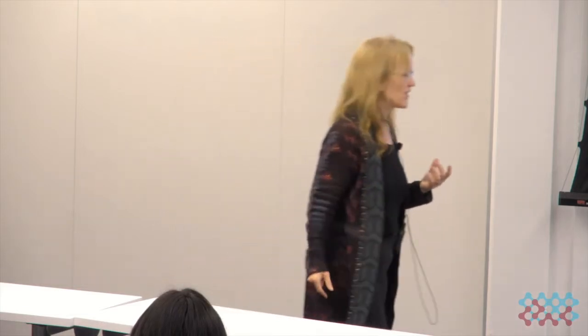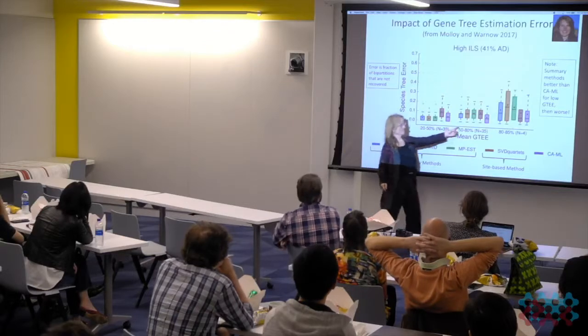The average bootstrap support in the Avian data, the 14,000 genes, was 25%, which is pretty bad. This is telling you that genome-scale data generally has a lot of noise and poor accuracy in your gene trees. So if it's 25% bootstrap support, the accuracy of the gene tree might only be 25%, which means the gene tree error might be 75%. And if the gene tree error is 75%, you're in this range.